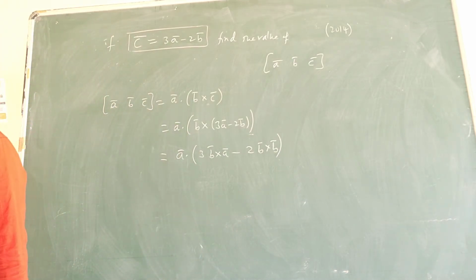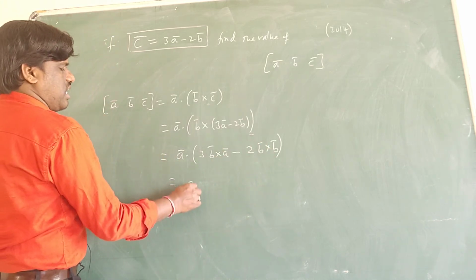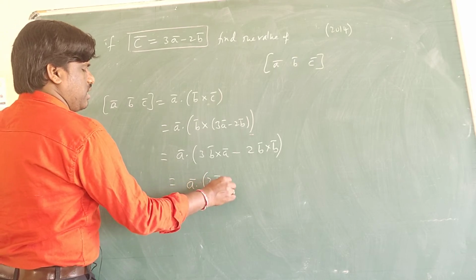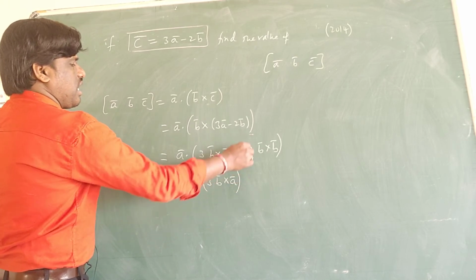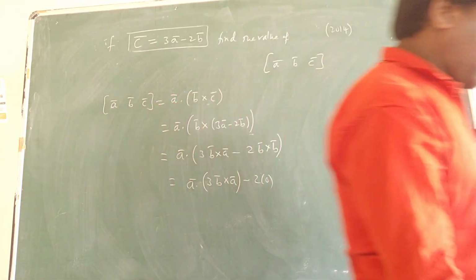A cross A is 0, C cross C is 0, J cross J is 0, I cross I is 0, like that. So B cross B is 0. So what do I get here? A dot 3 into B cross A, and this will become 2 into 0. That will be 0, right?